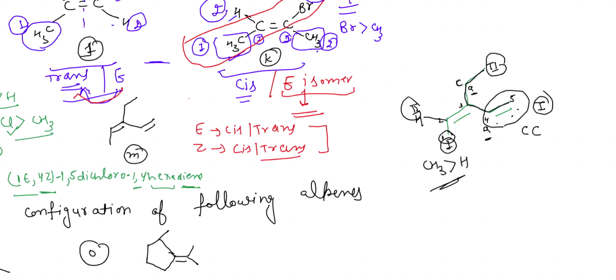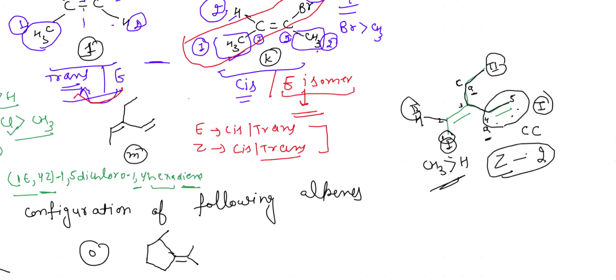So in this, the high priority groups are present on the same side. That's why it will be designated as Z configuration. So carbon number 2 is designated with Z configuration. Clear? There is also a double bond between carbon number 4 and 5.